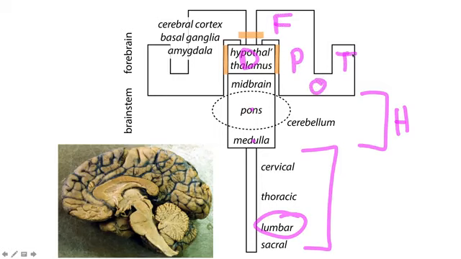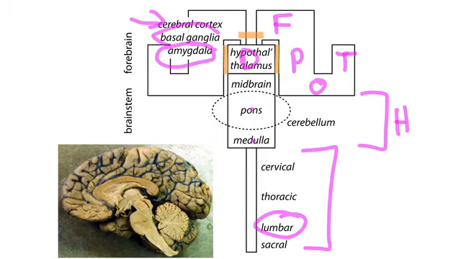In the telencephalon, there are 3 major components. One is the cerebral cortex, which we've talked a lot about. This is just this outer mantle. Another one is the amygdala, which is very important for processing fear, for feeling fear and perceiving fear in others.